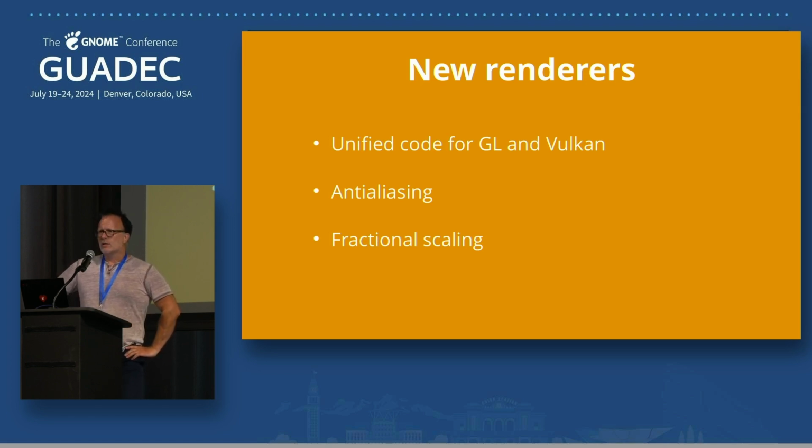For the GL renderer, we did improve it after a few releases. Christian Hergert, who sits there, actually rewrote it and made it a highly optimized piece of code, which is great for running it on less powerful GPUs. It was great for that, but it also made it a bit less extensible.